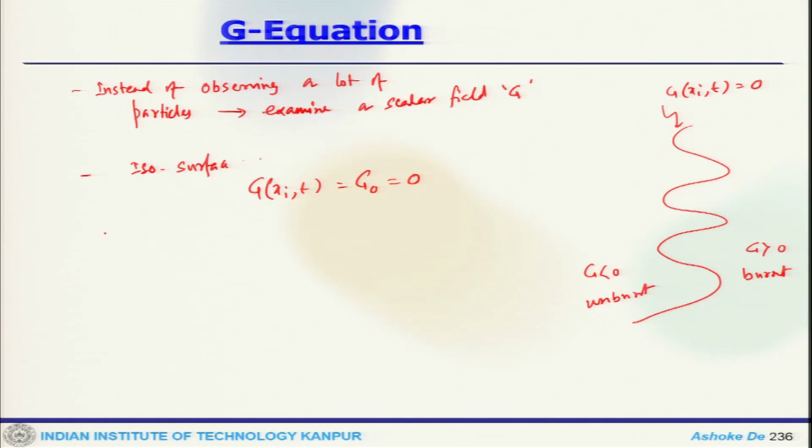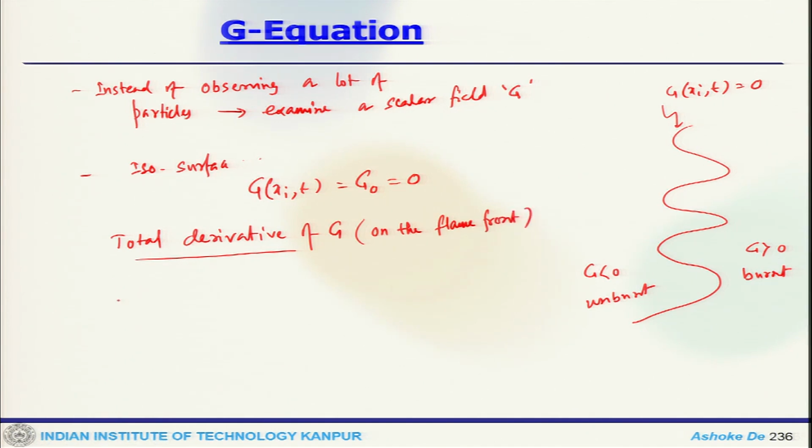Now we can find the total derivative of G on the flame front, which we can write as dG by dt equals del G by del t plus dx_fi by dt into del G by del x_i, which is 0.